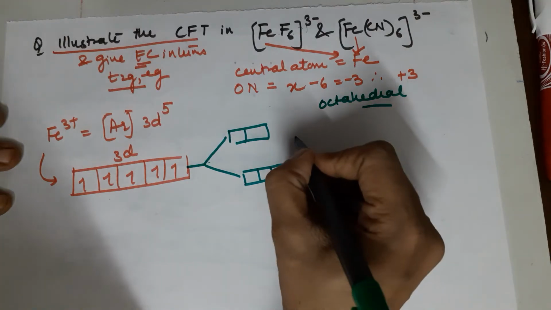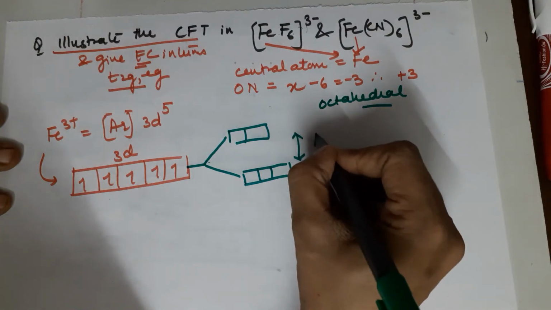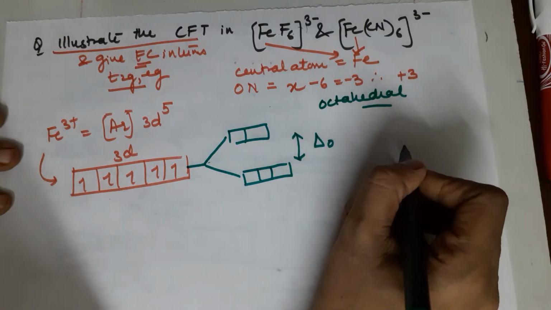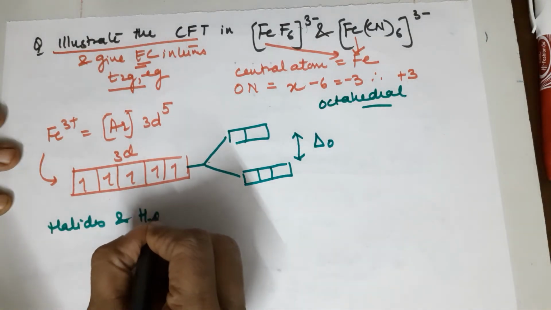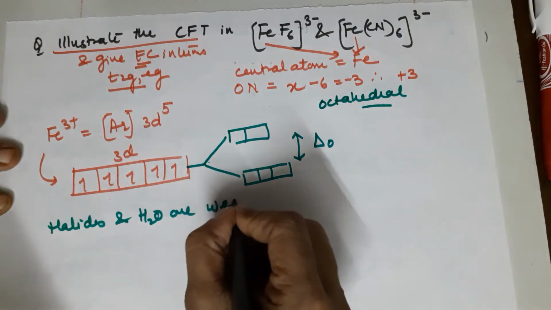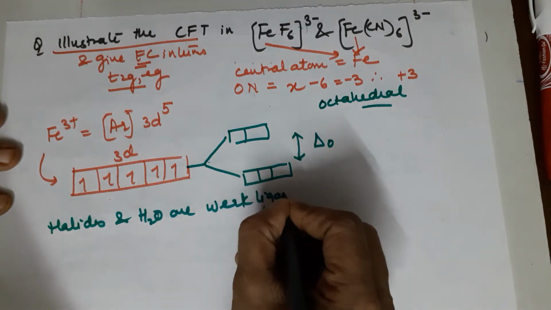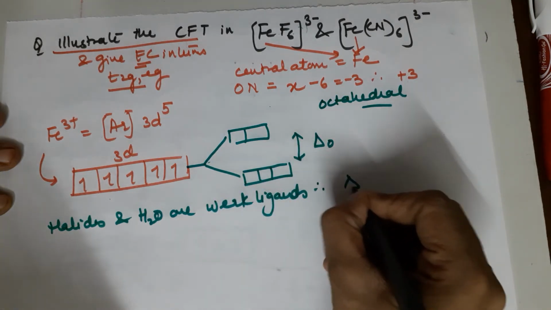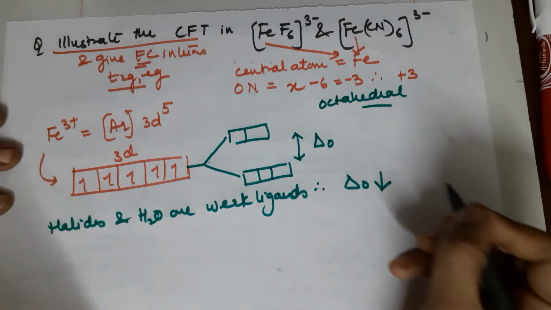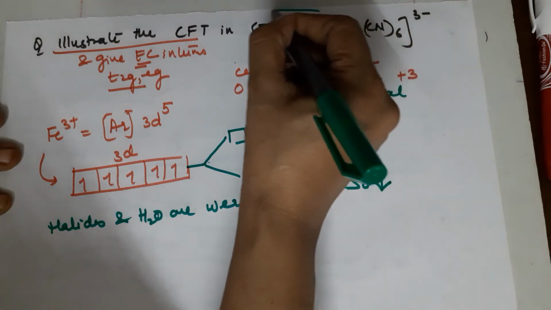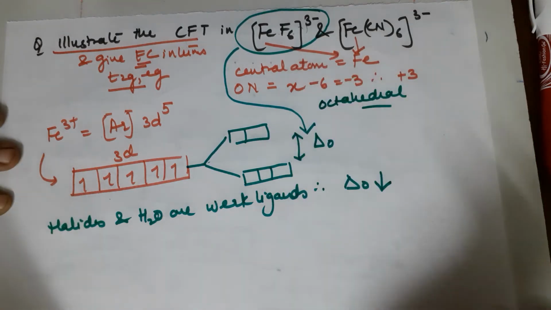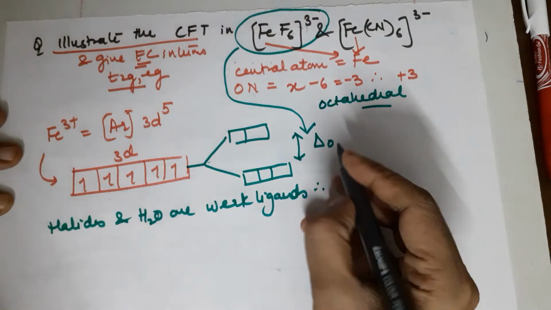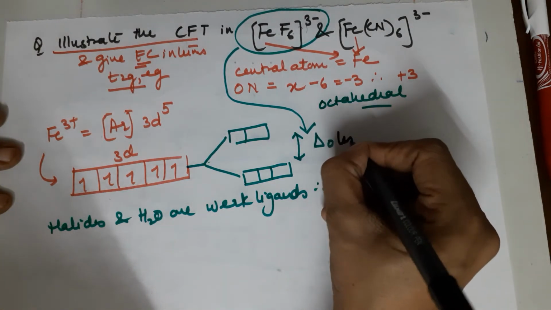Now what we need to know is this gap is called delta naught, and you should understand that halides and water are weak ligands. Therefore delta naught would be low. So if I am talking about this complex, if this is the complex, your delta naught is less.